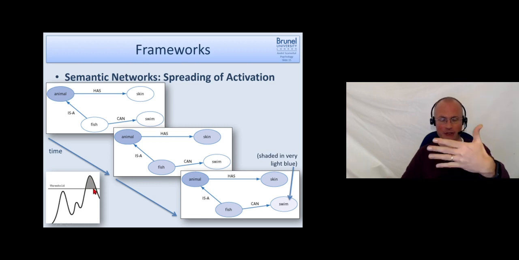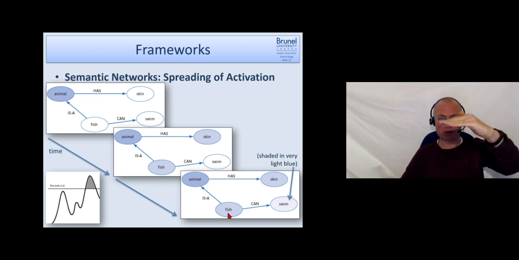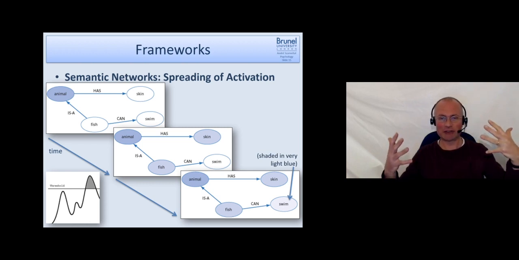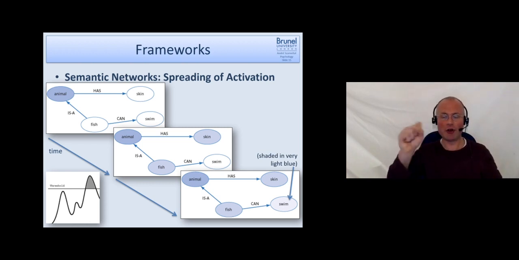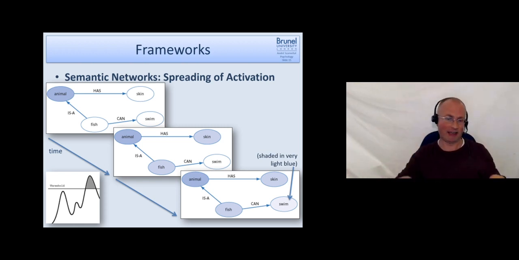So when I see fish on the screen as the target, the node needs to be activated beyond a certain level until our cognitive system says, oh yeah, I have this one node which has this very high activation, so this must be the target, I give a response. And if it's a non-word, I can't see any activation in my network, so I don't press a button.